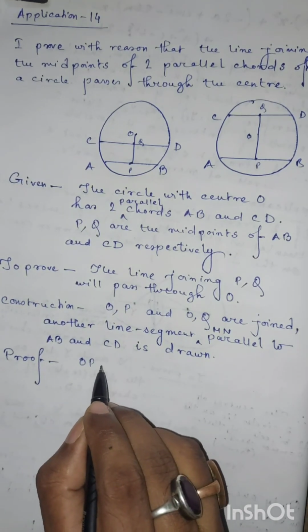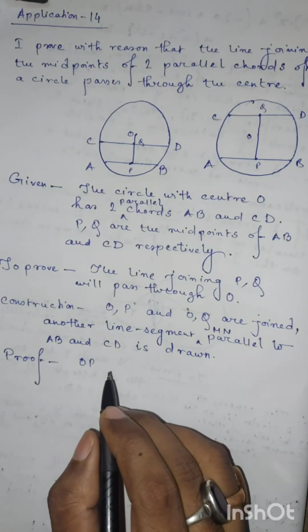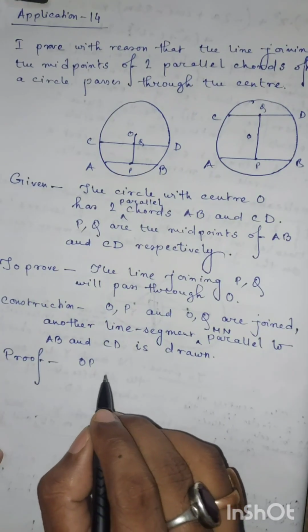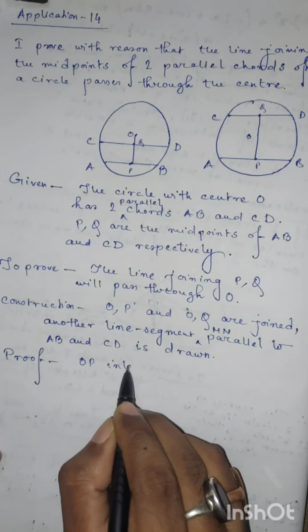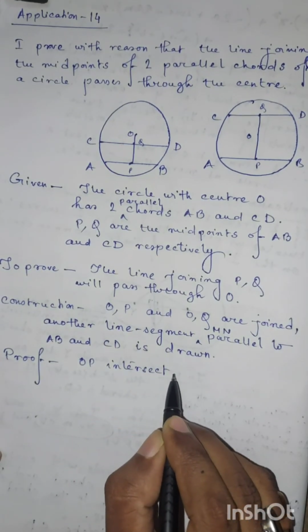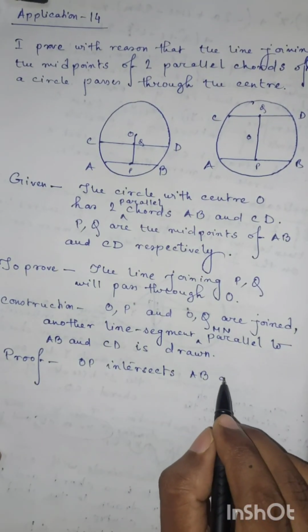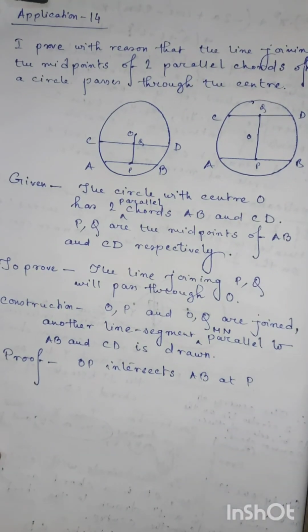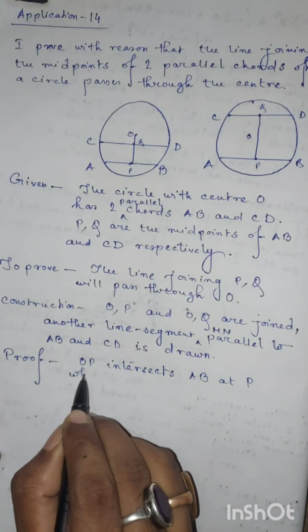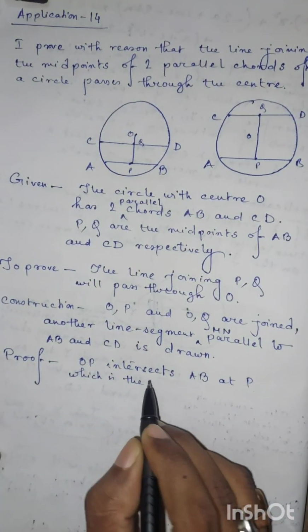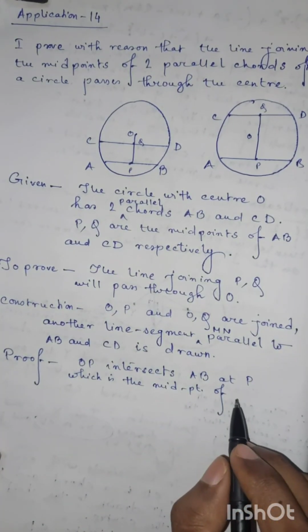OP intersects AB at P, which is the midpoint of AB.